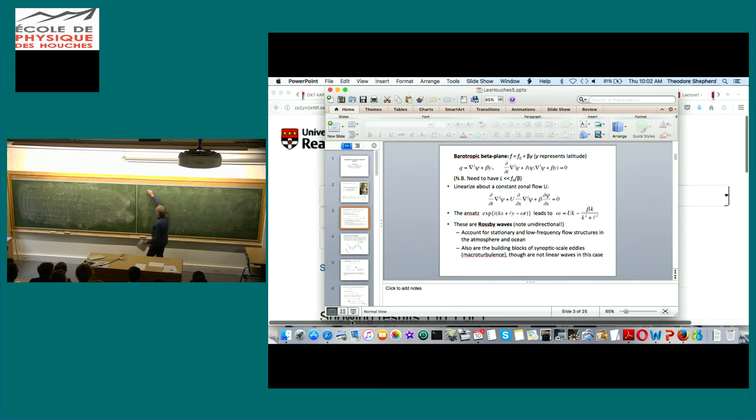But these are also, and it's perhaps not as well known, the building blocks of synoptic scale eddies. By synoptic scale, we just mean the daily weather systems that are highs and lows of wavelengths or scales of a few thousand kilometers. Synoptic scale eddies.